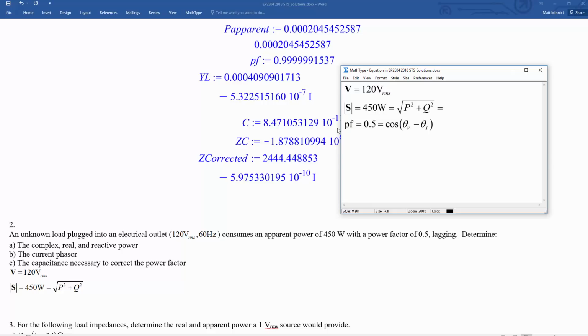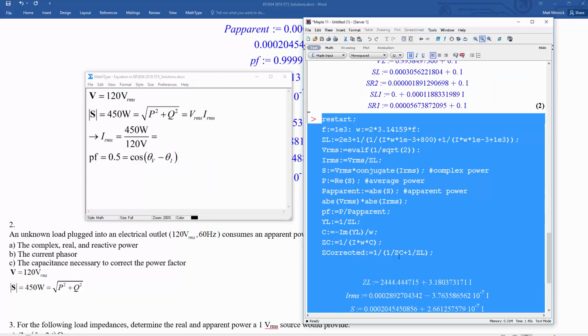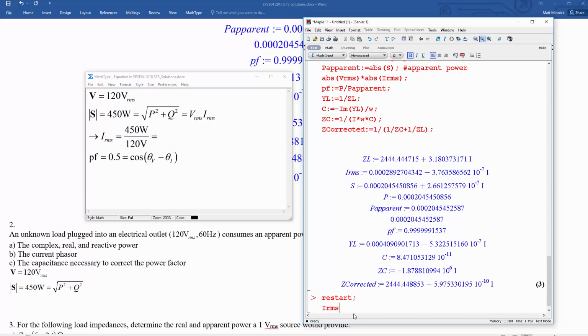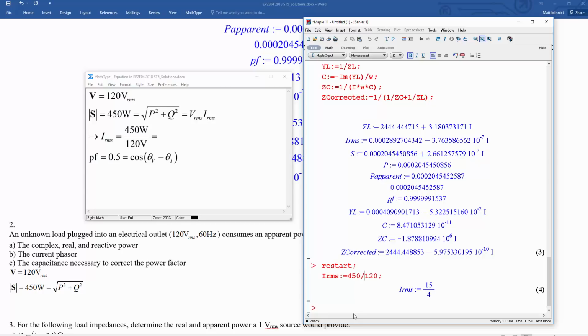So another thing that this apparent power is equal to is the RMS voltage, VRMS, times IRMS. And that tells you that IRMS is equal to 450 watts over 120 volts. And we can figure out what that is. So 450 over 120, well, let's evaluate that as a floating point.